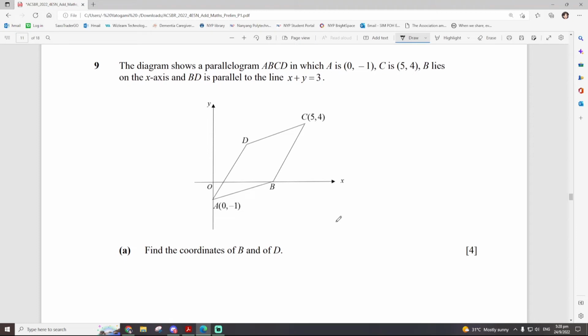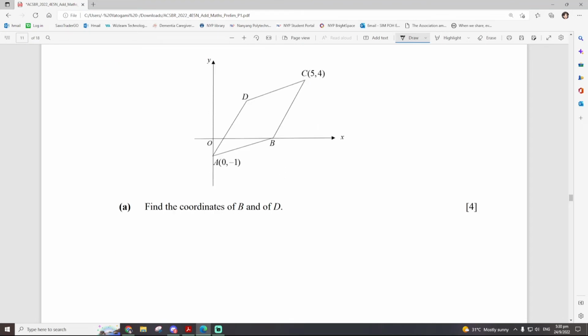Okay, coordinate geometry. Find the coordinates of B and D. Okay, this is a parallelogram. B lies on the x-axis, BD is parallel to the line x plus y equals 3. So that is to say the gradient of BD is -1. So we can use gradient of, no, not gradient, midpoint.